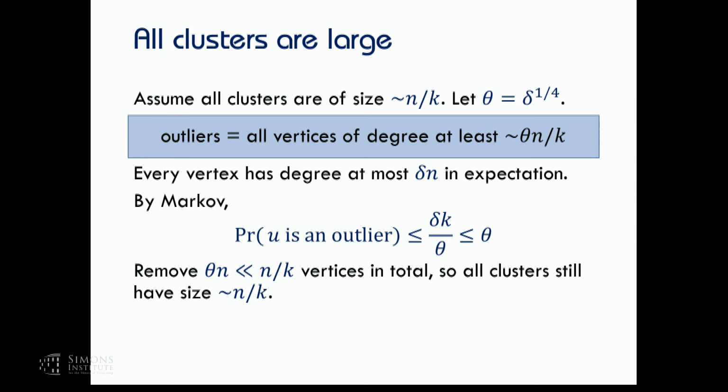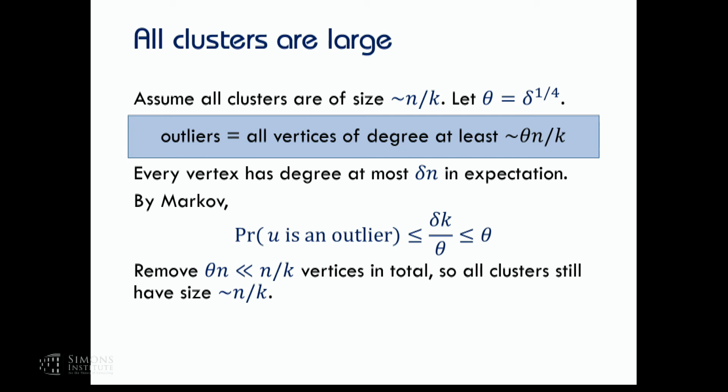So more precisely, all vertices of degree at least theta n over k. And then the remaining vertices have degree less than theta n over k. So since the size of every cluster is approximately n over k, this means that every vertex is connected to at most a theta fraction of the original cluster.